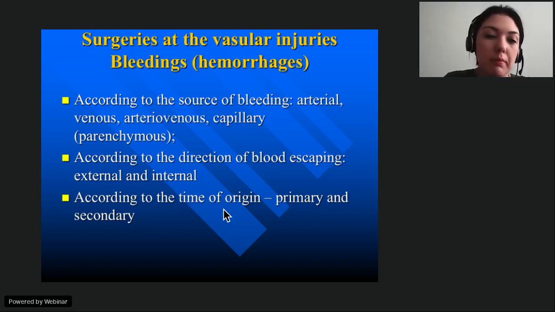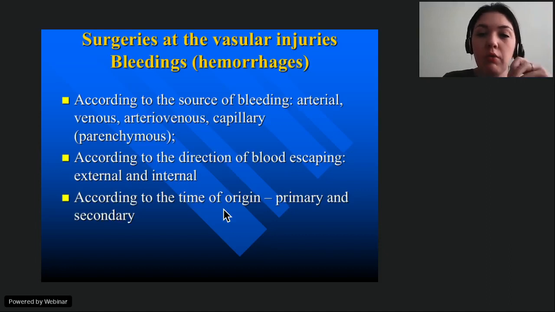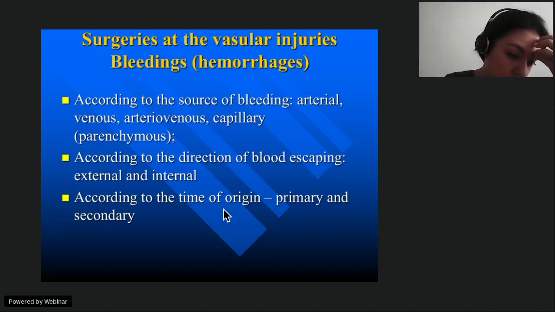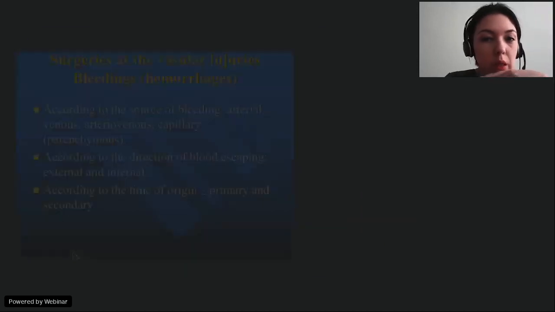Secondary is that bleeding that appeared sometime after, a short time, maybe a long time after the influence, after the intervention. For example, post-operational bleeding, when especially we use coagulation, like energy. Yes, we coagulate something, and first everything is okay, but with time, bleeding started. Yes, so primary and secondary.